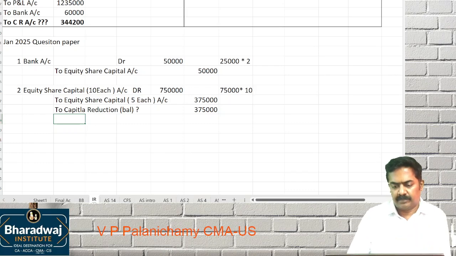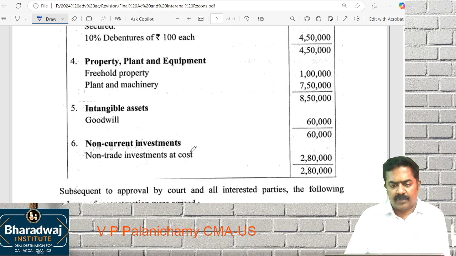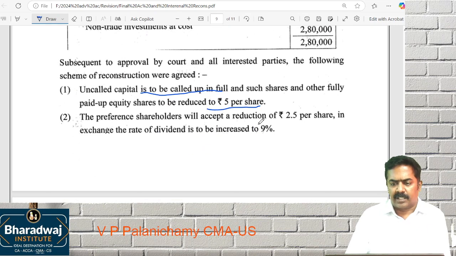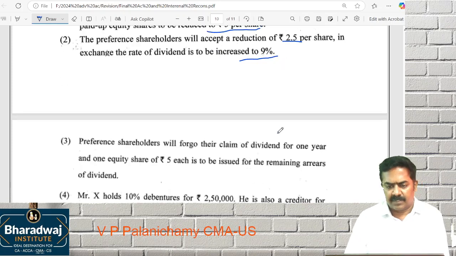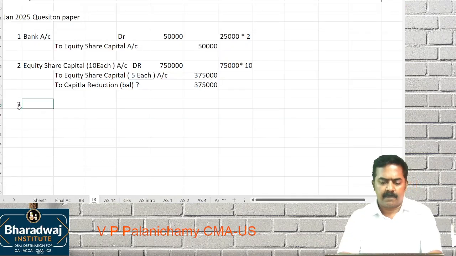Next. Preference shareholders accepted a reduction of how much? 2.5, but the dividend rate is increased to what? 9%. What is the old preference share capital? 8% preference share capital account debit. What is the value given?